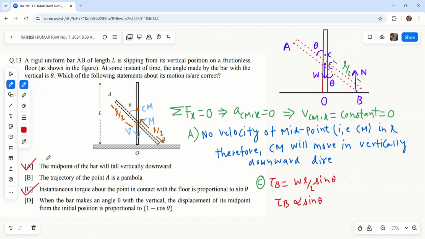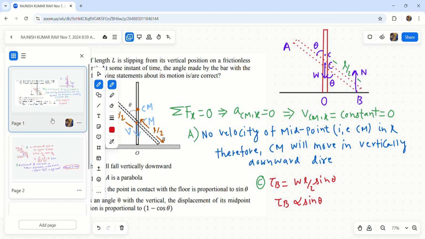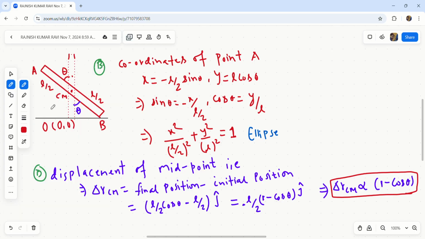Now let me solve options B and D on the next page. So our system somewhat looks like this.